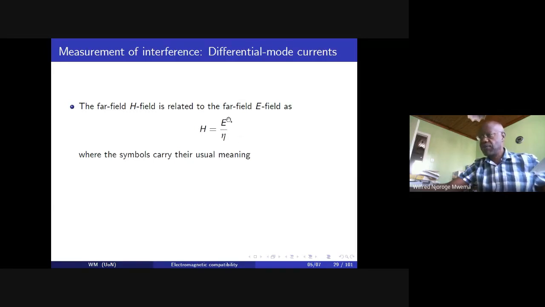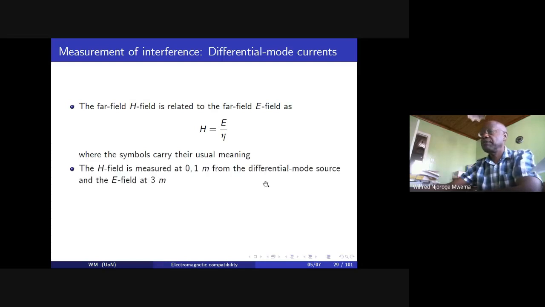We saw that this was E theta divided by H phi in the spherical coordinate system. The symbols carry their usual meaning: H represents the magnetic field intensity, E represents the electric field intensity, while eta is the intrinsic impedance of the surrounding medium.